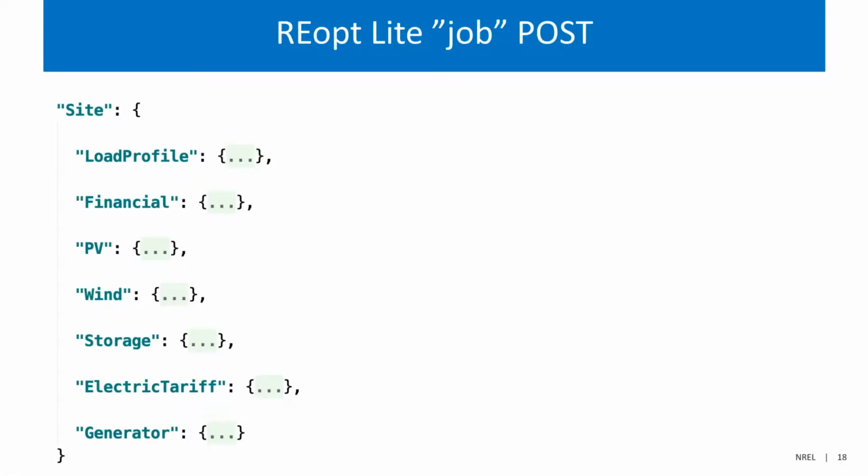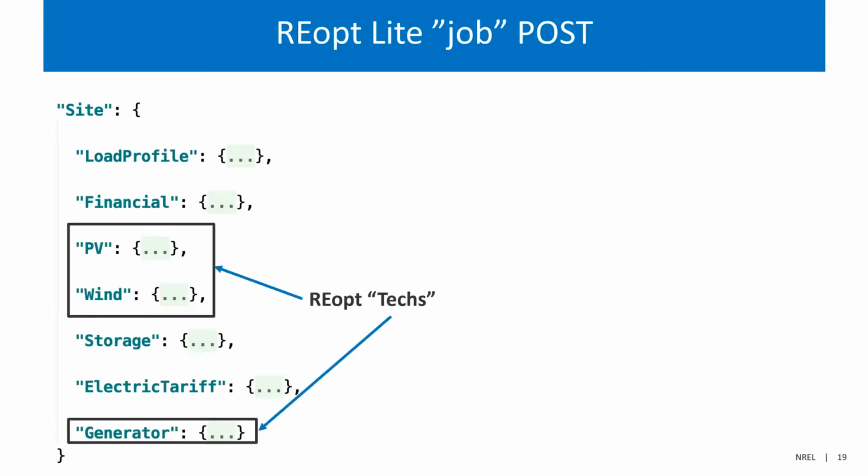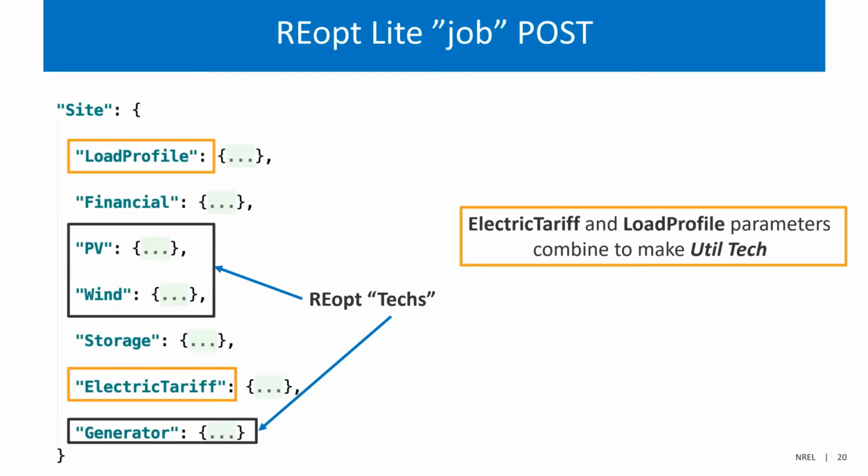So this is just some highlights from the API's input. You can see we have a site object which contains the load profile, financial, PV, wind, storage, electric tariff, and generator input objects. Within each one of these, which I'm not showing, you have all the financial and technology input parameters. What I want to point out here is the 3 really obvious technologies of PV, wind, and generator, and then there's a 4th tech within the REopt Lite model for the utility, and that's made from a combination of the load profile and electric tariff input structure.